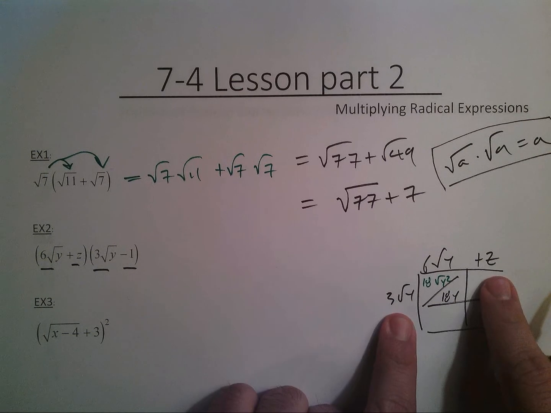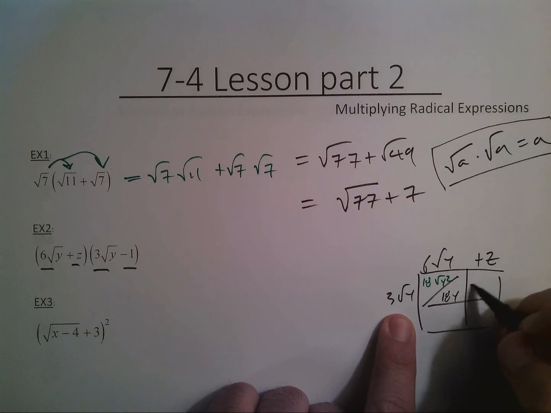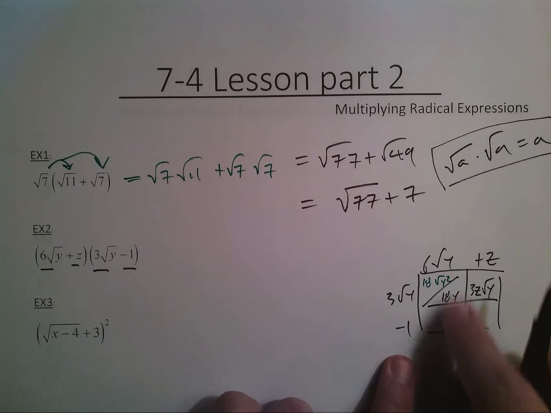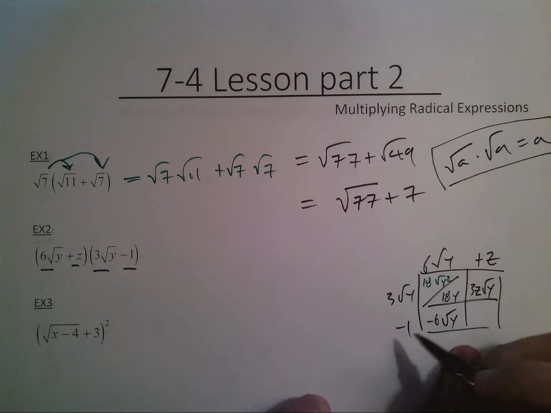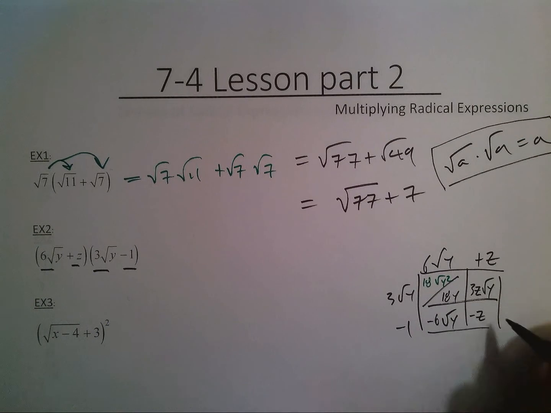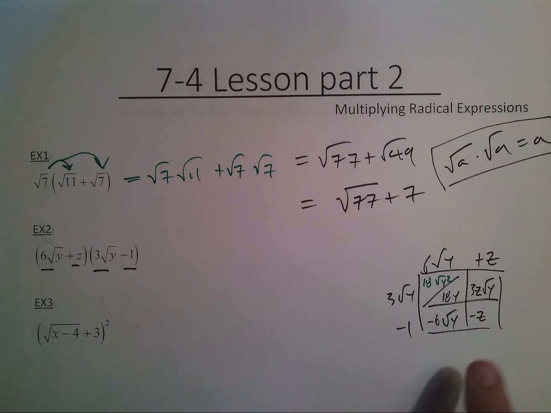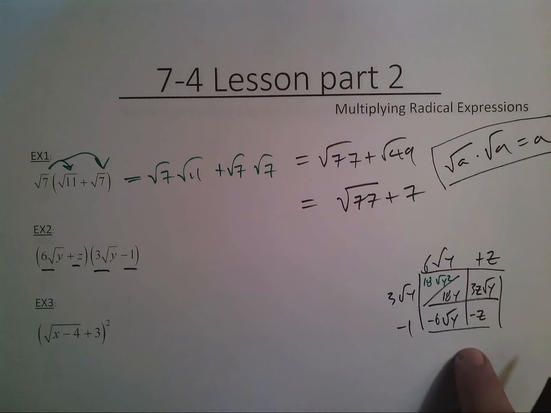Now here I have z times stuff, and that's just going to be 3z root y. Here I have negative 1 times stuff, so it's just negative 6 root y. And here I have negative 1 times z to get negative z. Now you notice none of these are like terms.